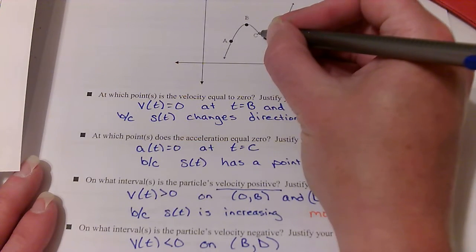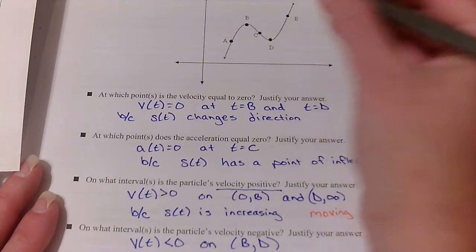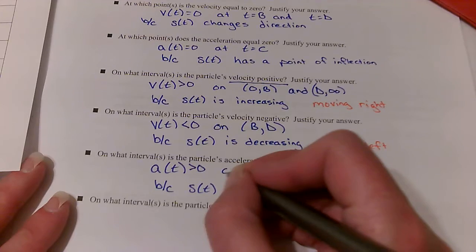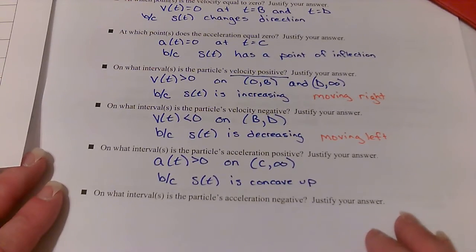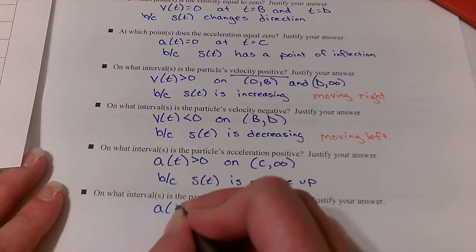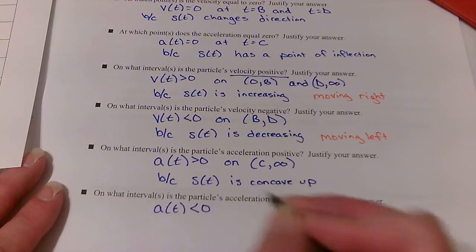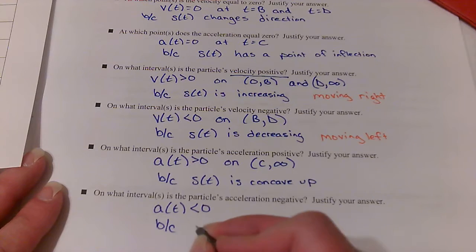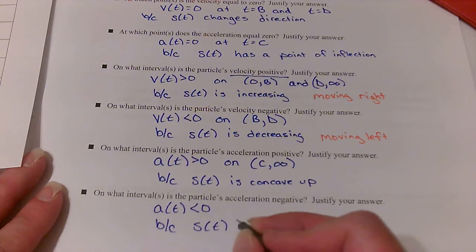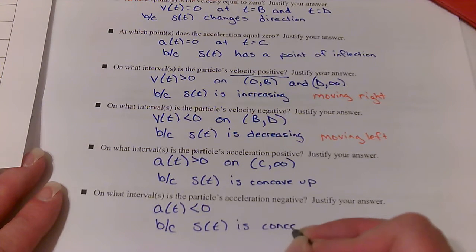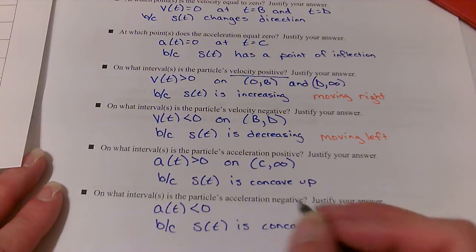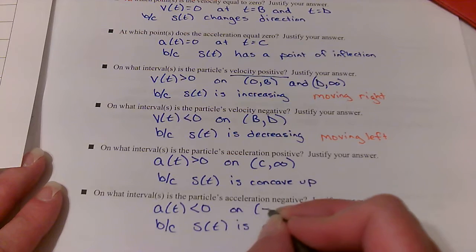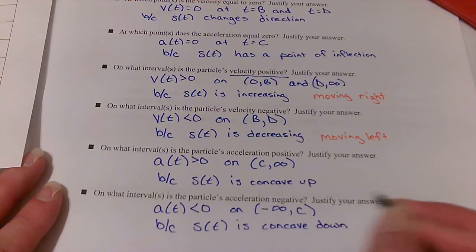Well, that starts at C and all the rest of the graph. So on C to infinity. When is acceleration negative? Well, that happens when we're concave down, which is going to be negative infinity to C.